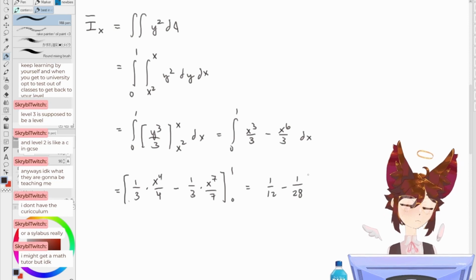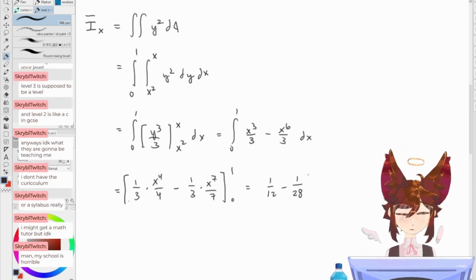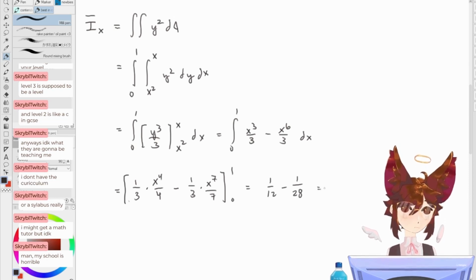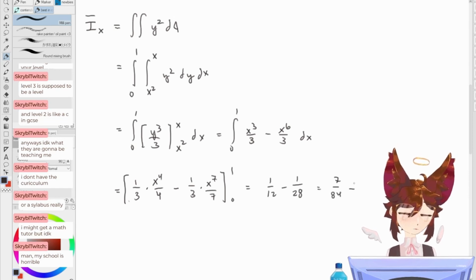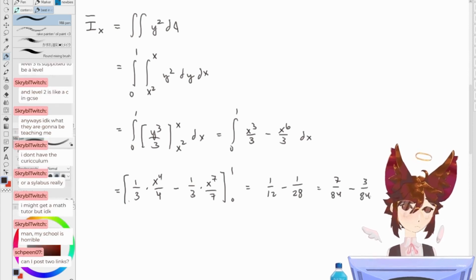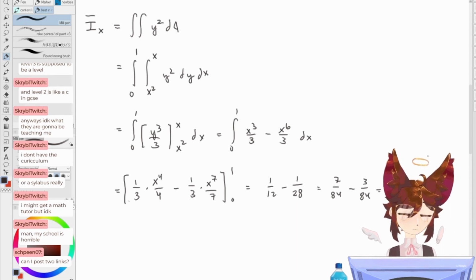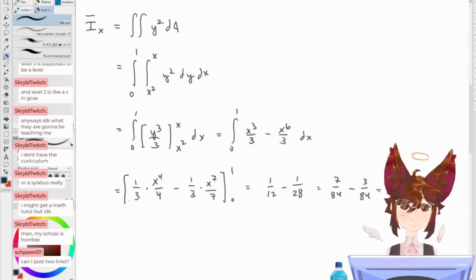Yes, 84 works. So 84 divided by 12 is 7. So this equals 7 84ths minus 3 84ths, equals 4 over 84, equals 1 over 21.